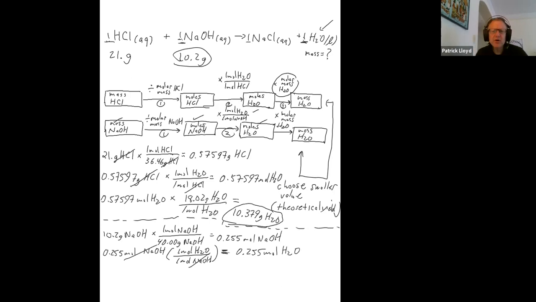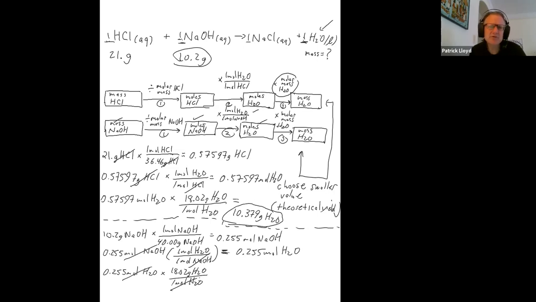So we're almost there. Once you've got the moles of something, just multiply by the molar mass to get the grams. So step 3 times the molar mass of water. So 0.255 times 18.02, you multiply by the molar mass.